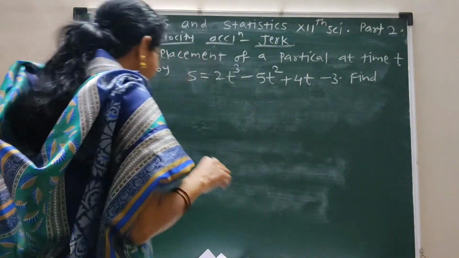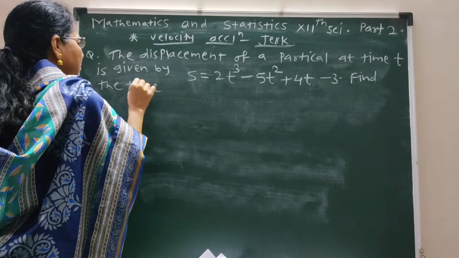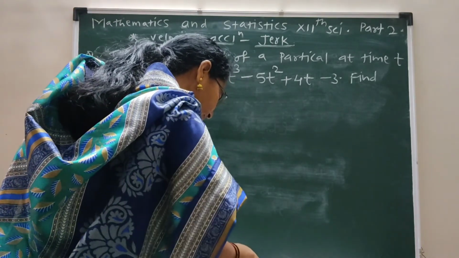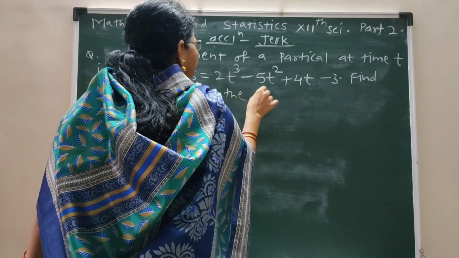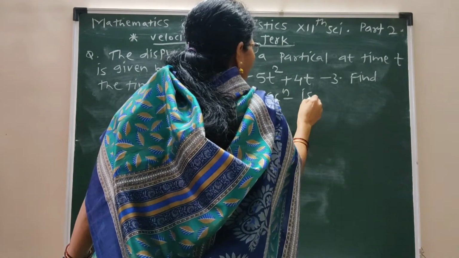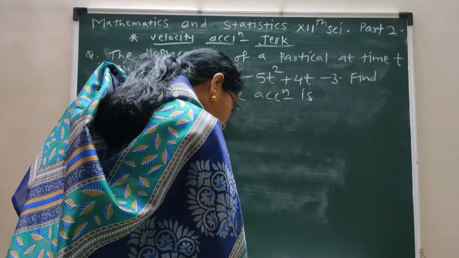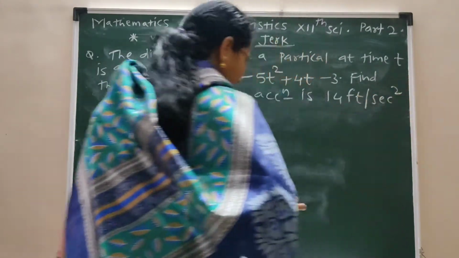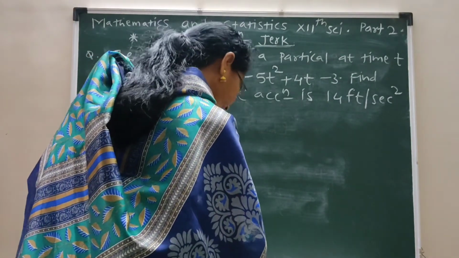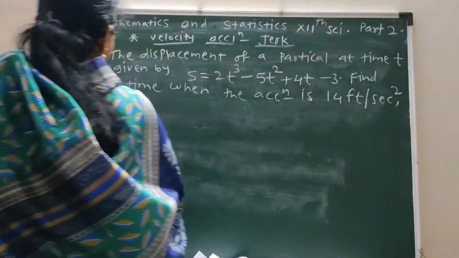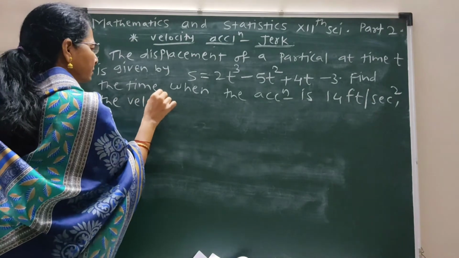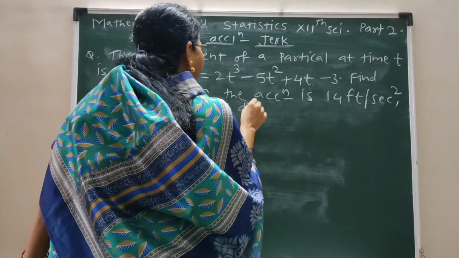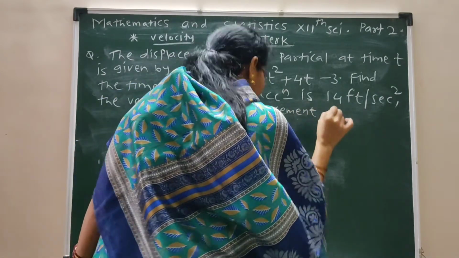Find the time when the acceleration is 14 feet per second square, and the velocity and the displacement at that time.